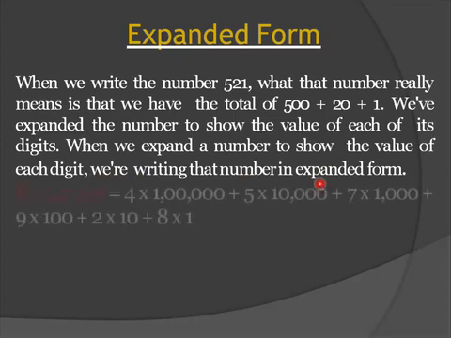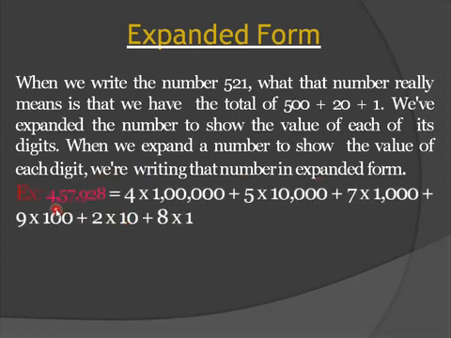Let us see the example. Here I have given 4,57,928. As we wrote 521, in the same way we should write here. But here lakhs, thousands, all are there. So how will we write? As we have learnt in the Indian and international charts, this number is in the Indian place value system.